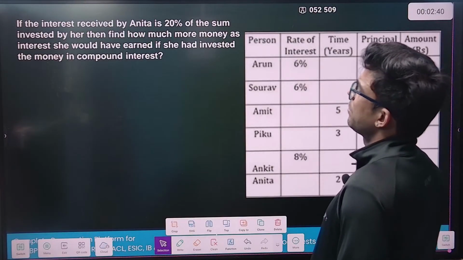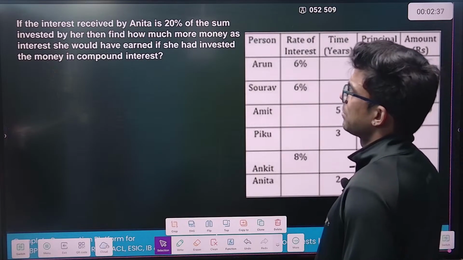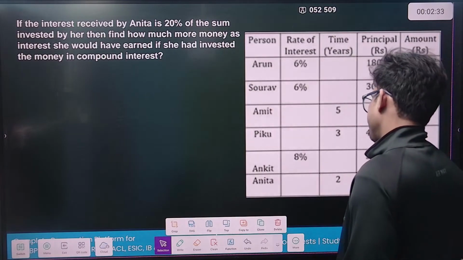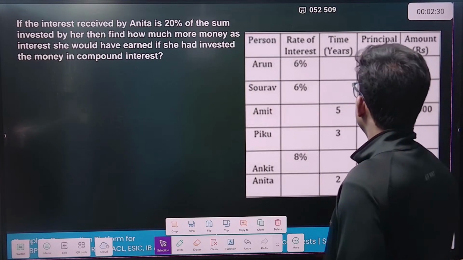If the interest received by Anita is 20% of the sum invested by her. Sum means principal.